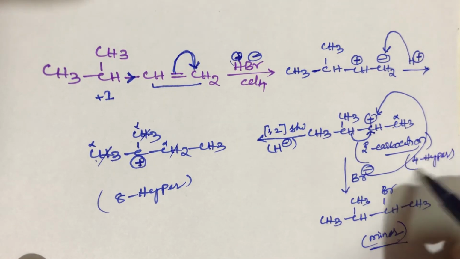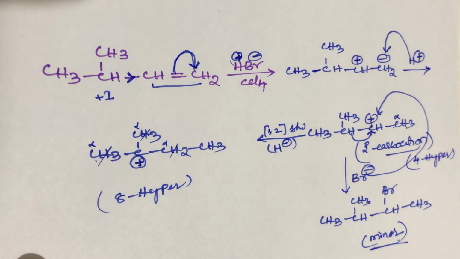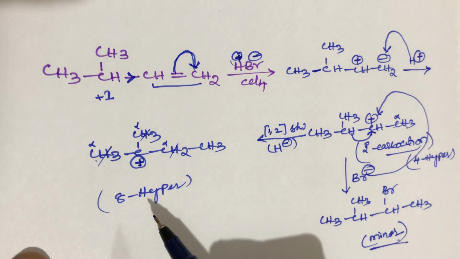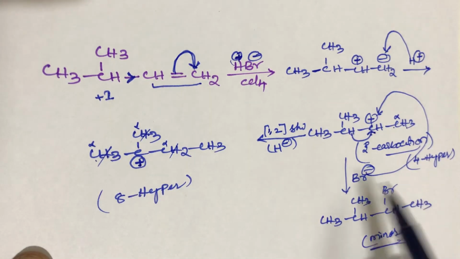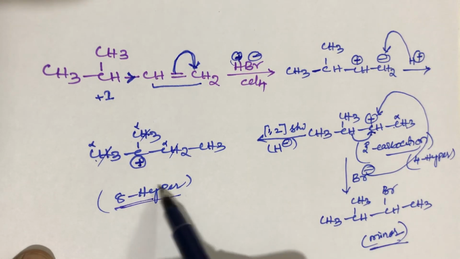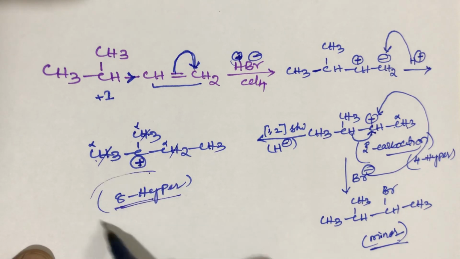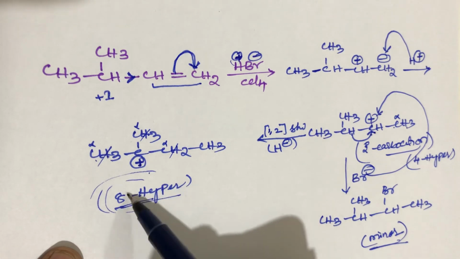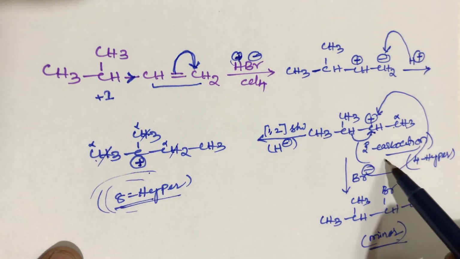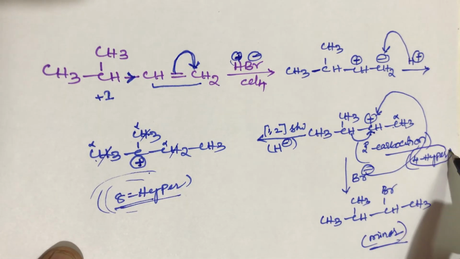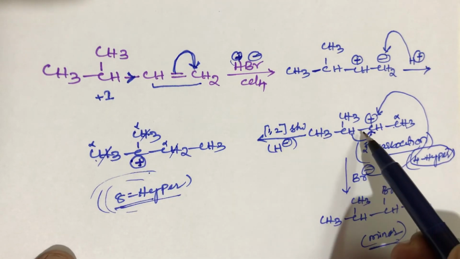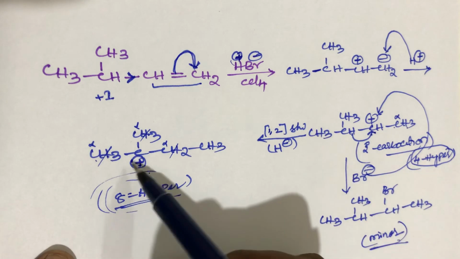Stability depends on the number of hyperconjugative structures: the more there are, the more stable the compound. The tertiary carbocation has 8 and the secondary has only 4, so the tertiary carbocation is more stable than the secondary.